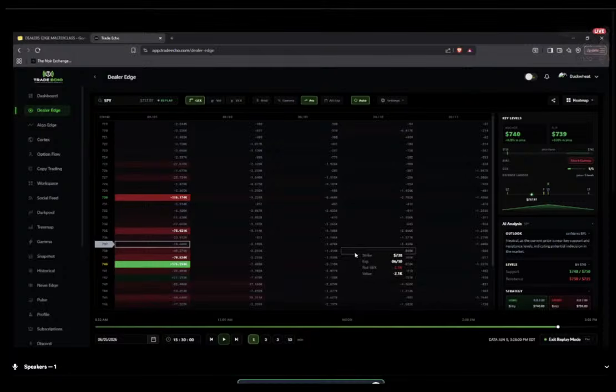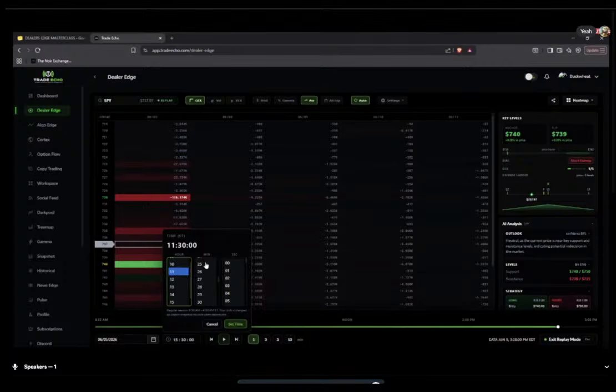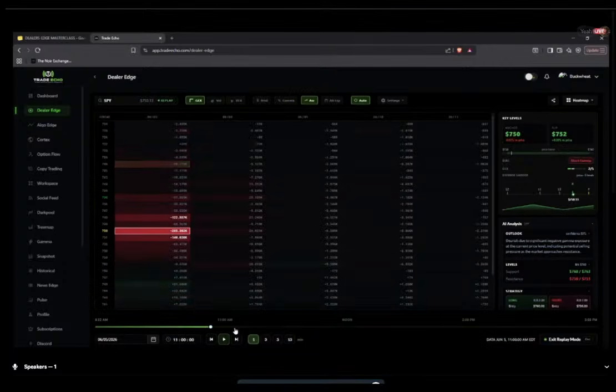Yesterday, I left out SPX. 11:30. 11:30 Eastern Standard Time, or I think the most important level is low key 11, if I'm being honest. Let's see. No, but that's too one-sided.